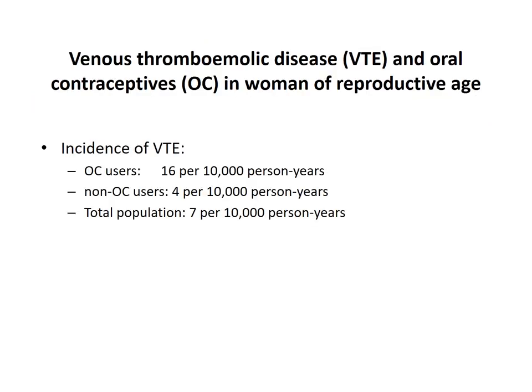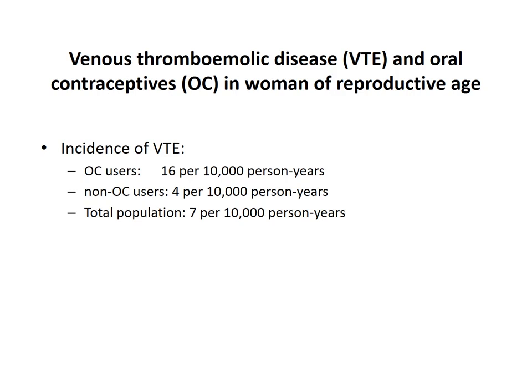This is an example of a retrospective cohort study, in which we assess the association between oral contraceptive use in women and the occurrence of VTE, or venous thromboembolism. The incidence of venous thromboembolism was calculated, and the finding was 16 per 10,000 person-years among oral contraceptive users.